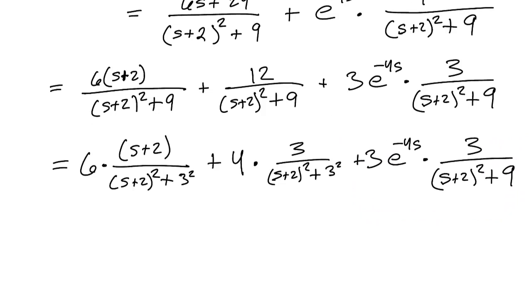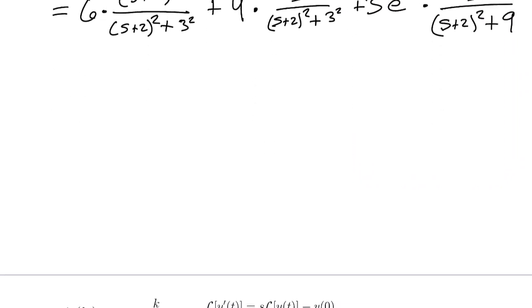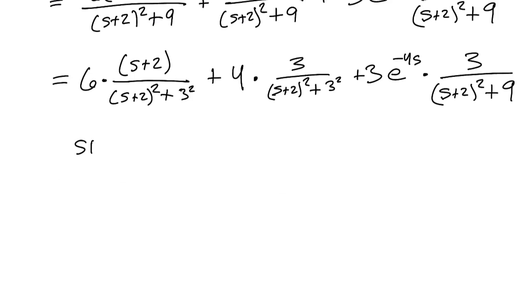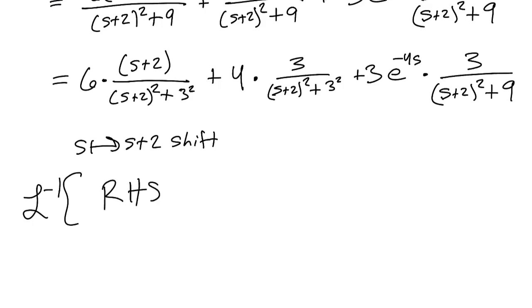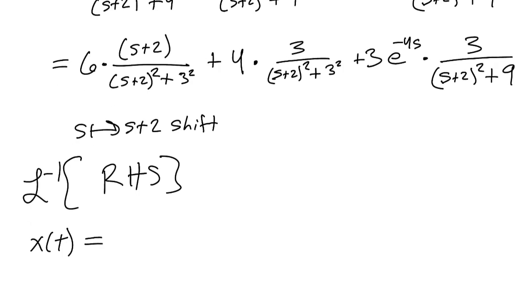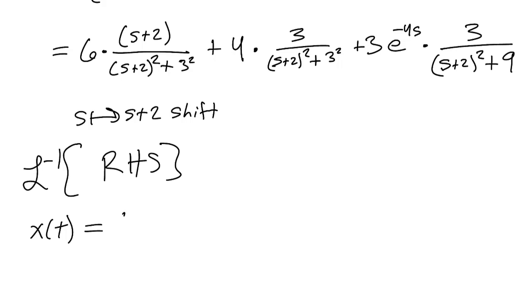Okay, and now what we have here is an s into s plus 2 shift. That means that when I take the inverse Laplace transform of the right-hand side to get my function x of t back, the first term is essentially going to be 6 times e to the negative 2t times L inverse of the standard s over s squared plus 3 squared.